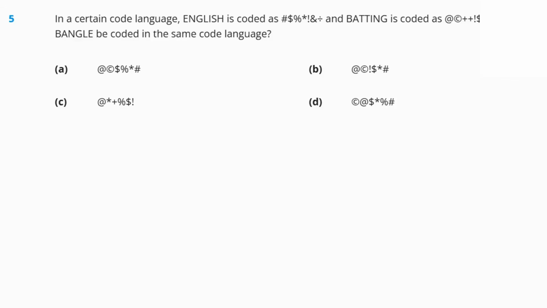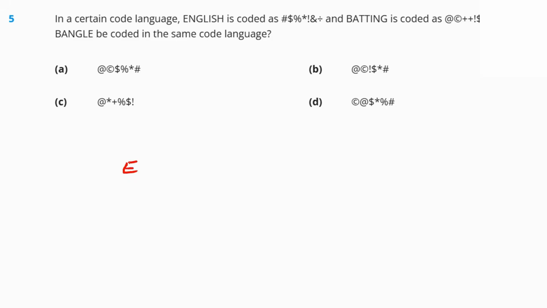Next question. In this question, we need the coded form, like English.